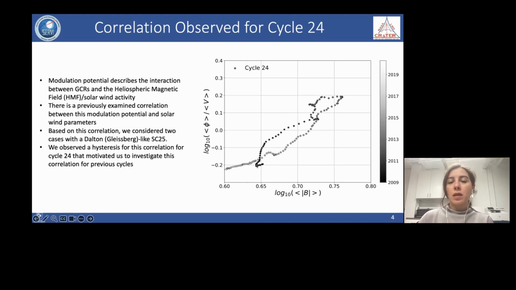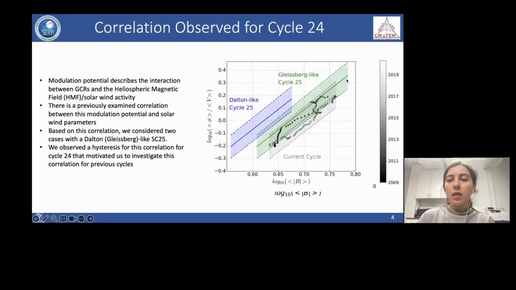We use modulation potential based on CRaTER measurements, and we create that correlation based on the values that we get for the heliospheric magnetic field and solar wind speed. You can see that we considered the same slope from this correlation.